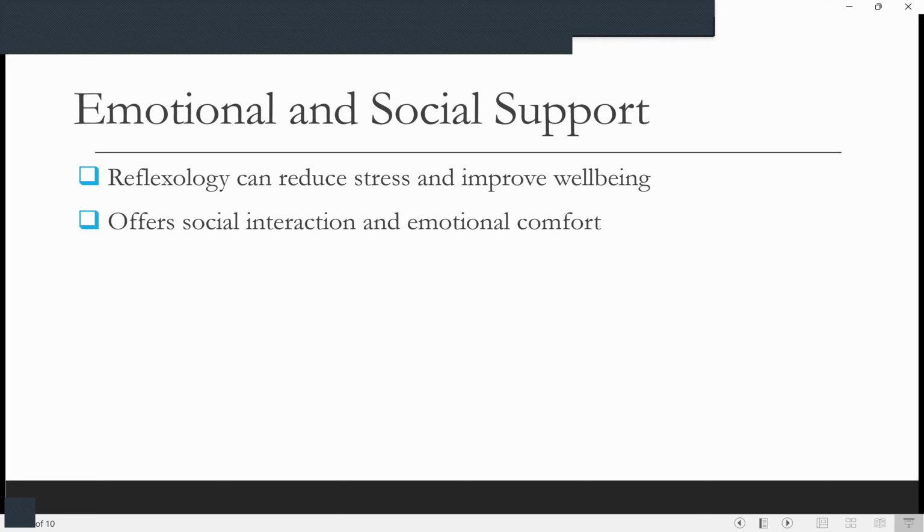Emotional and social support. We know reflexology can reduce stress and improve well-being. It also offers social interaction and emotional comfort. Now, I really like hand reflexology for my clients that are older, but it's up to them. I think if you are working on the hands, you are closer to them. They can tell you about their life.